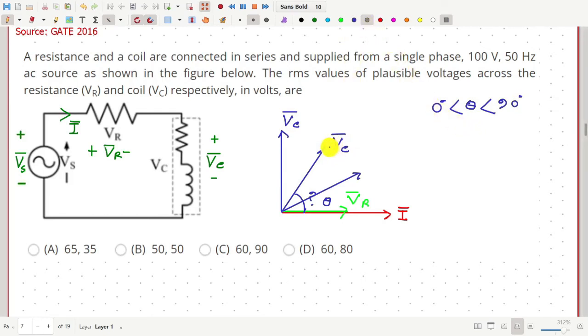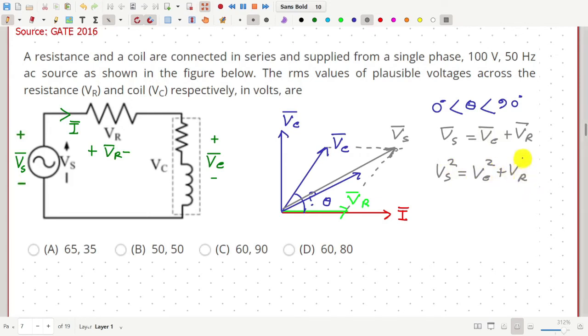Next, for any particular value of VC, the coil voltage, if we add VC with VR, then we will get the total or resultant voltage, which is equal to the source voltage Vs. So Vs bar is equal to VC bar plus VR bar, and then the magnitude of the source voltage we can write as: Vs, the magnitude of Vs bar, squared will be equal to VC squared, the magnitude of coil voltage, plus the magnitude of resistor voltage squared, plus 2 into VC VR cosine of the angle between VC and VR, that is theta, cosine theta.